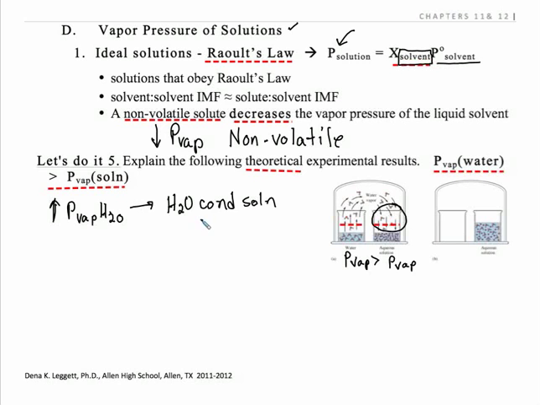And what that will do then is decrease the vapor pressure of the water above. And so then that's going to cause water to vaporize, which will increase the vapor pressure of the water above, which will make the vapor pressure too high above the solution.